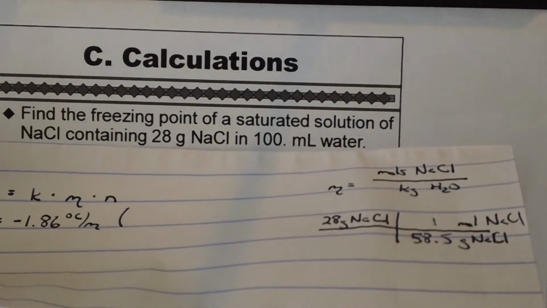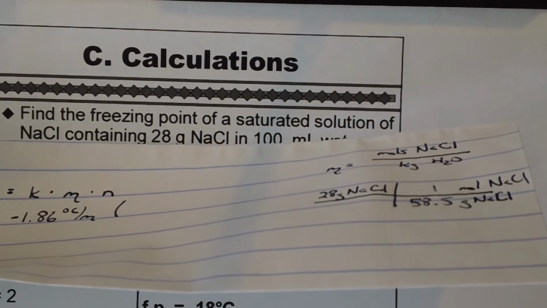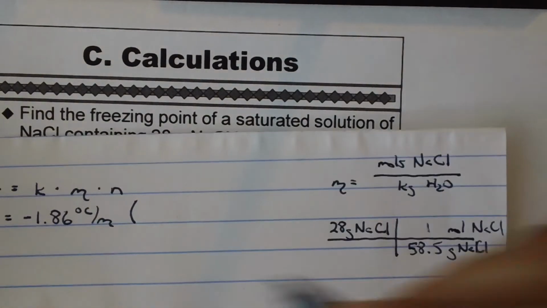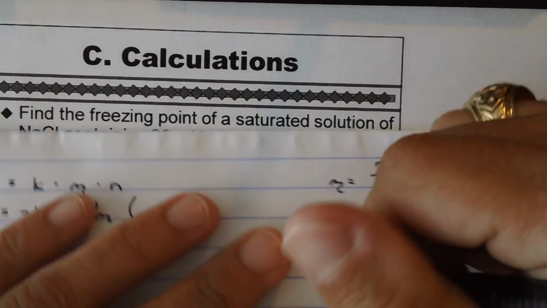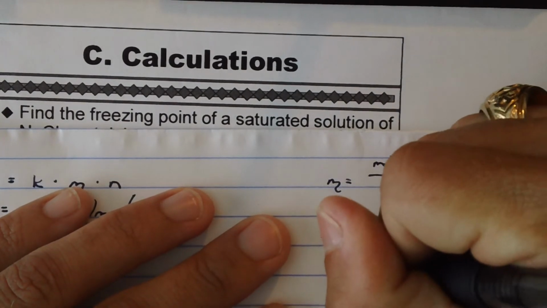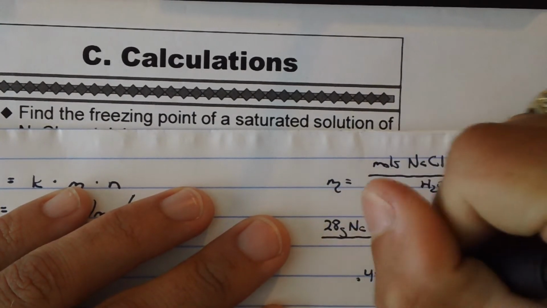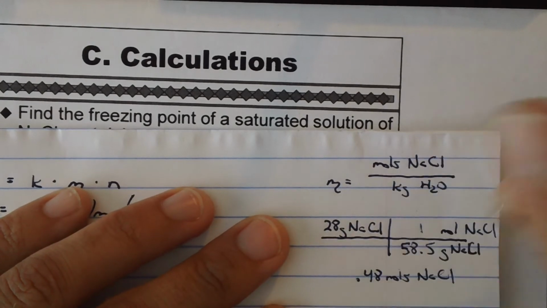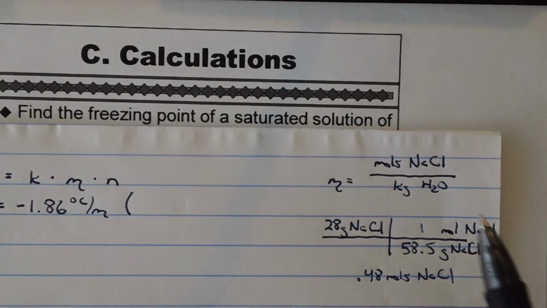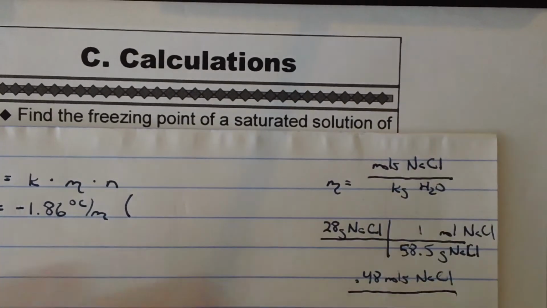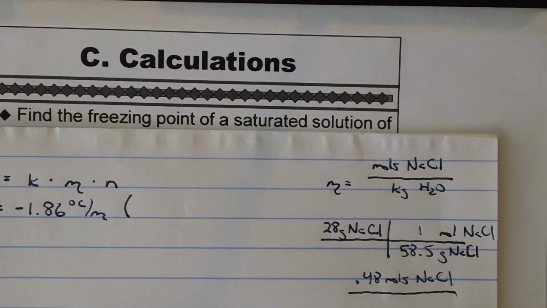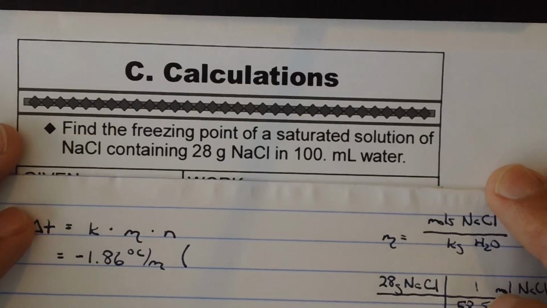Don't get too excited. People get the number of moles and then they put it right in for molality. Be careful. The number of moles here is 0.48 moles of sodium chloride. That is our top value for our molality. We still have to divide it by the kilograms of water. They give us 100 mils.